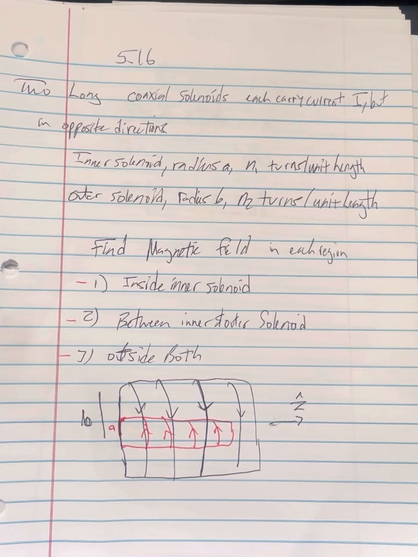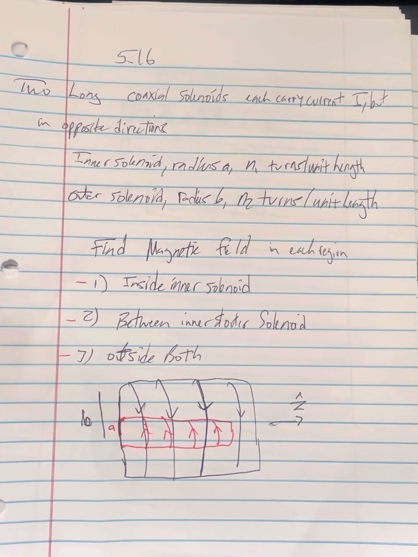So in order to do this, we have to know the formula for a solenoid, and we can also use the superposition principle, and we can also use the right-hand rule to use this superposition principle, because we want to know the directions of the magnetic fields.